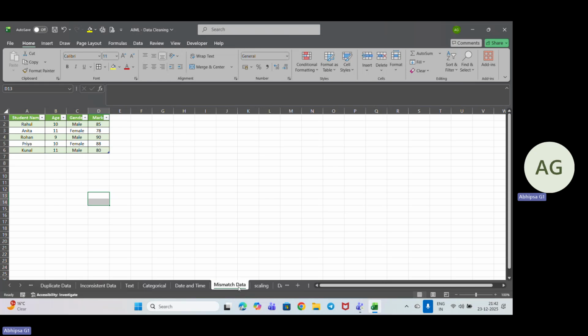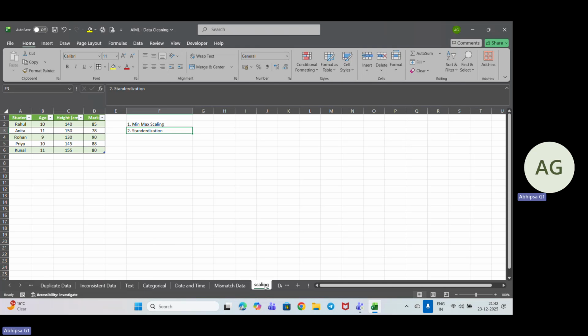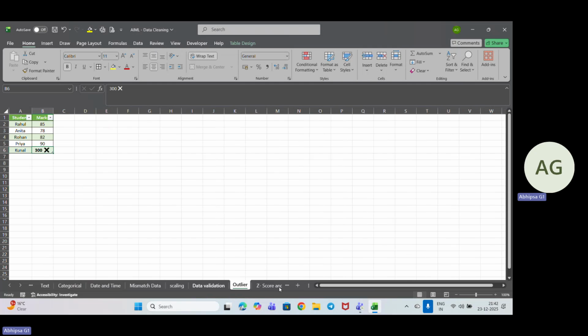We need to handle the mismatching of the data and rectify it accurately. The scaling needs to be worked accordingly. Then we need to validate the data accurately before working with it.